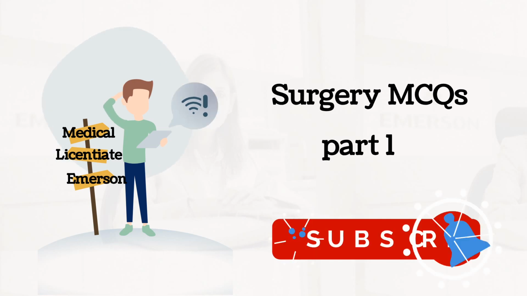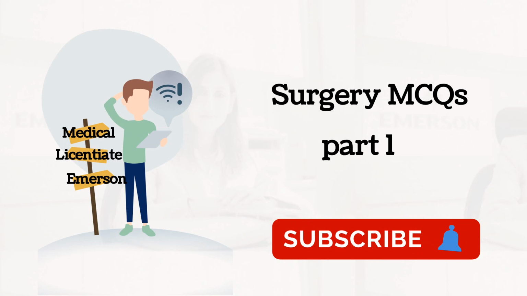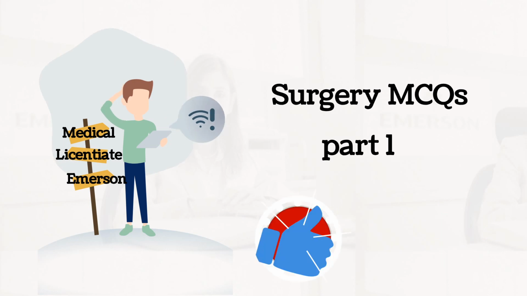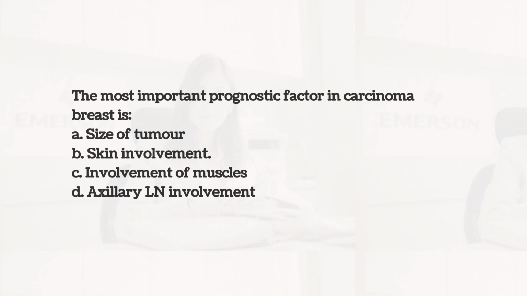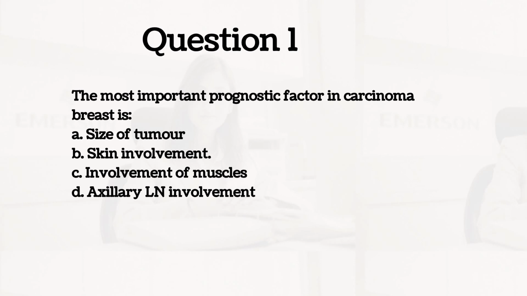Okay, so let's start. Question 1 is saying the most important prognostic factor in carcinoma breast is: A. Size of tumor, B. Skin involvement, C. Involvement of muscles, D. Axillary lymph node involvement.